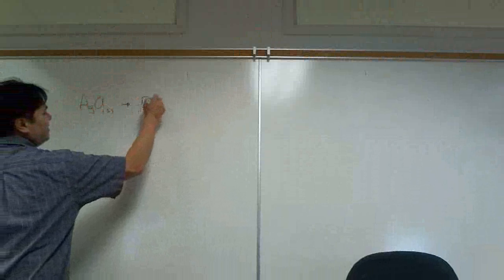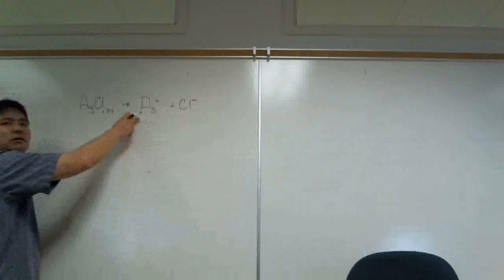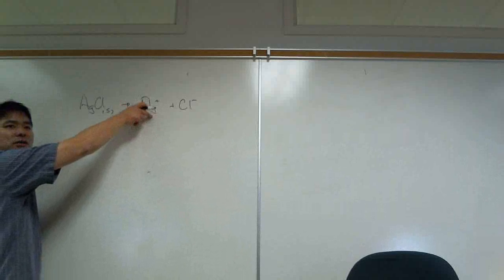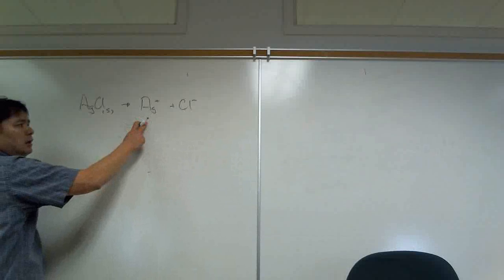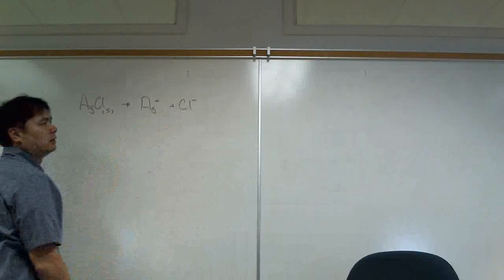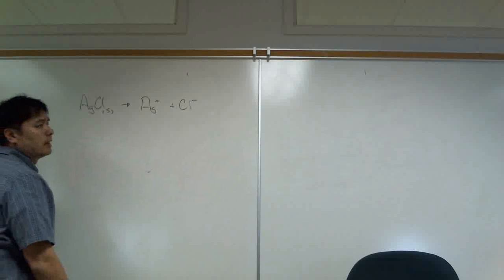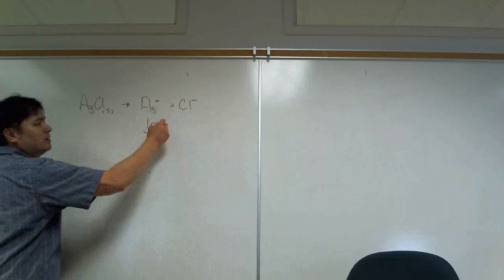Anything that decreases the product concentration. It could be uncommon ions, doing the ion-ion attraction thing, or it could be something that actually attacks this. Like what would attack chloride? Sodium nitrate. Well, those don't really attack it, but what attacks silver is ammonia.